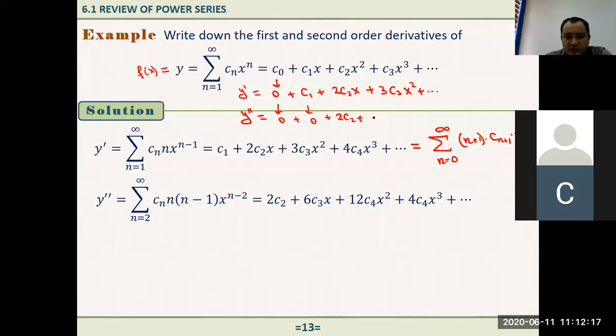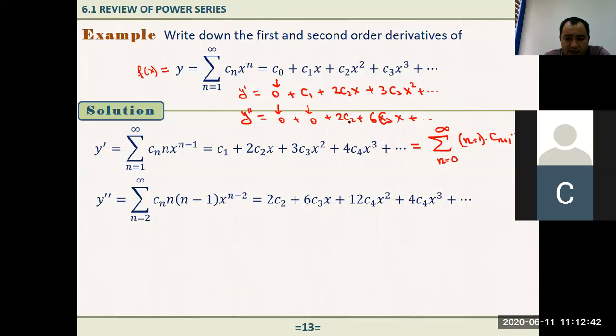If you differentiate this, here we have 6 c sub 3 x, and continue. The next one will be maybe 12 something or 18. So here 0, 0, now it starts with 2.